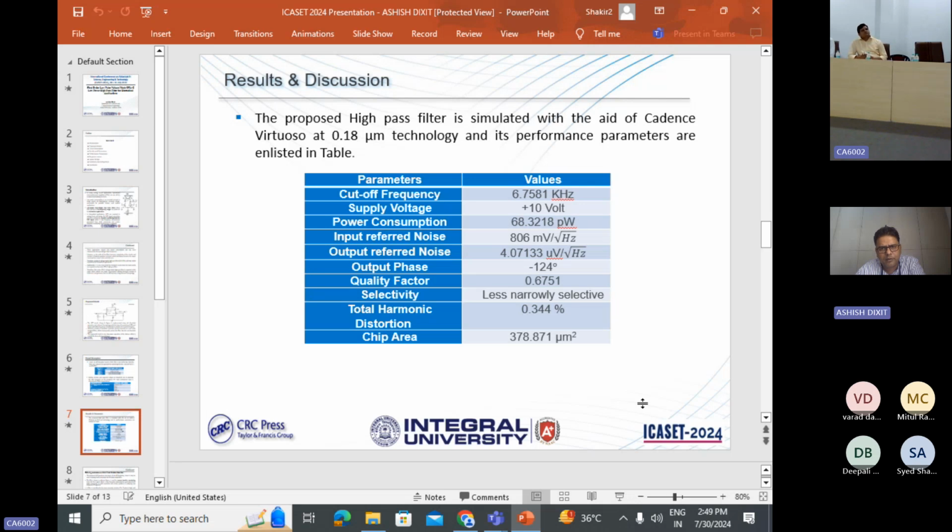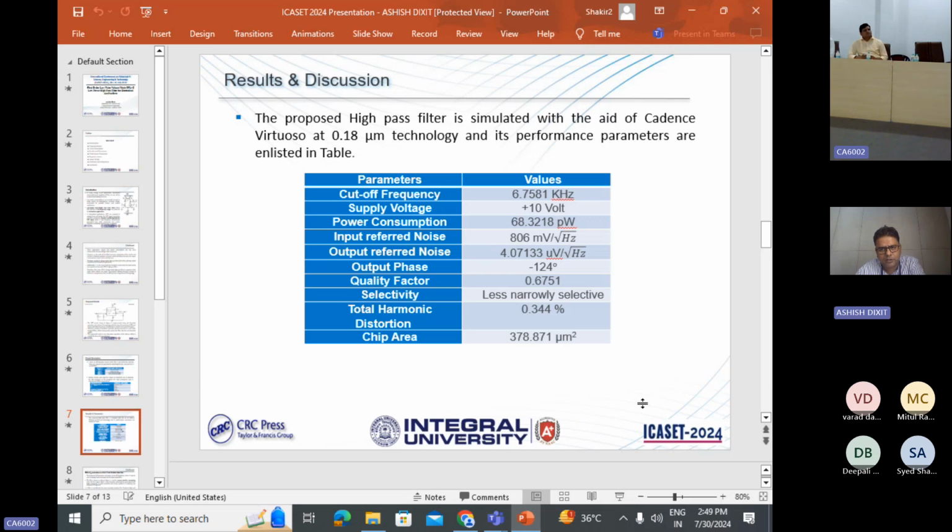This is the result of our proposed circuit. We got the cutoff frequency 6.7581 kilohertz, power consumption 68.3218 picowatt, input referred noise 806 milliwatt per hertz, and output referred noise 4.07 microvolt per hertz.